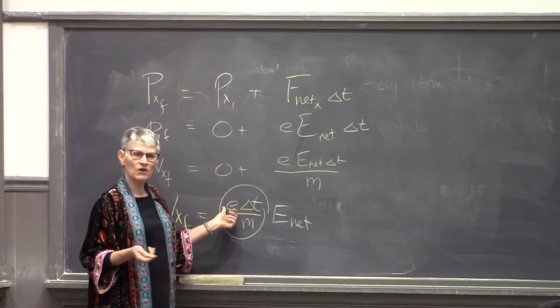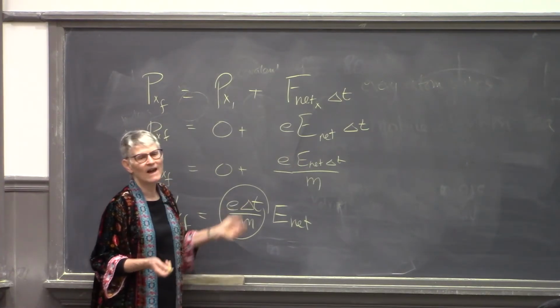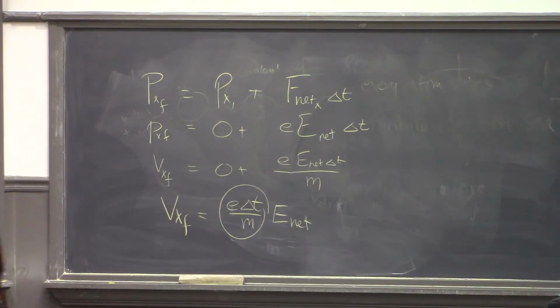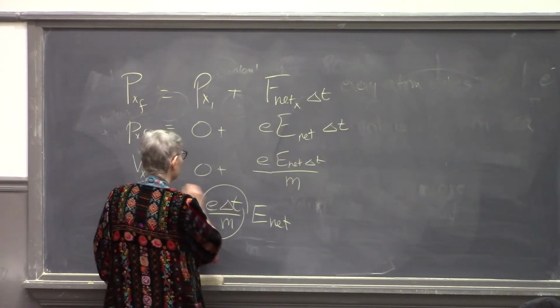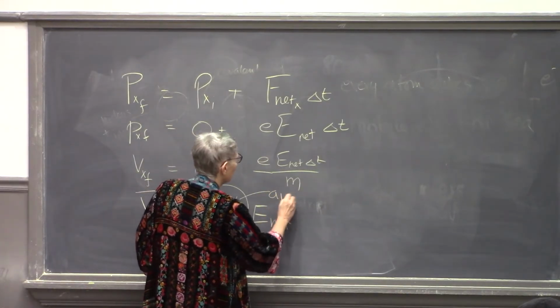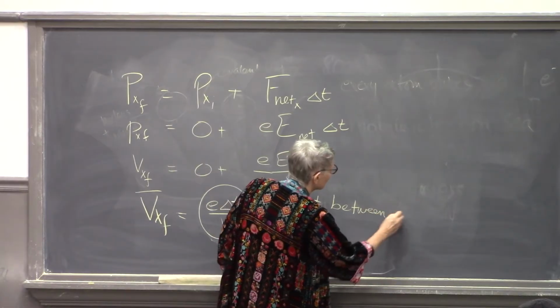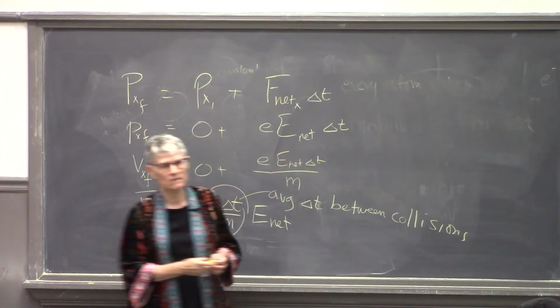So it's the charge on the mobile charge, the mass of the mobile charge, and then the average collision time, the average time that it gets to go between collisions. We'd have to average this delta t and that delta t, so this would be the average delta t between the collisions.